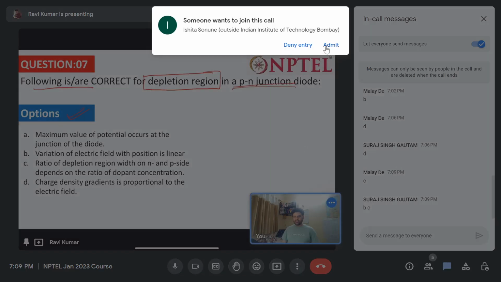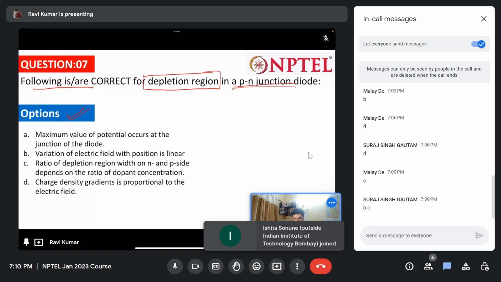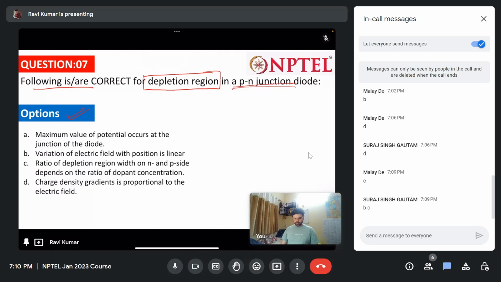B and C. You are saying B and C. Variation of electric field with position is linear. Yes, true.